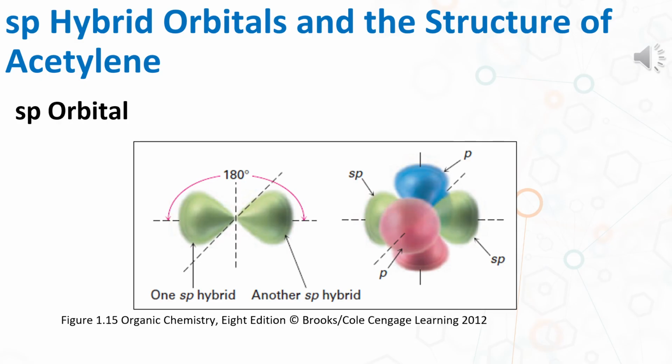Still under sp hybridization, this image shows the sp hybridization in carbon and explains the orbital arrangement in acetylene. The diagrams explain why acetylene has a linear shape and a carbon-to-carbon triple bond made of one sigma bond and two pi bonds.